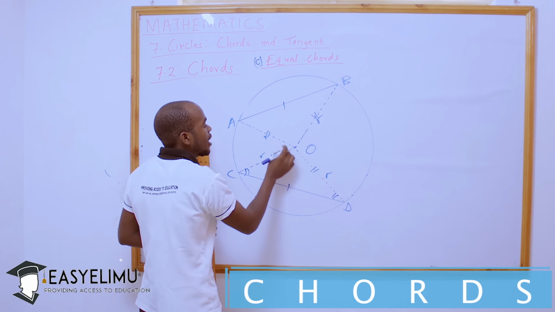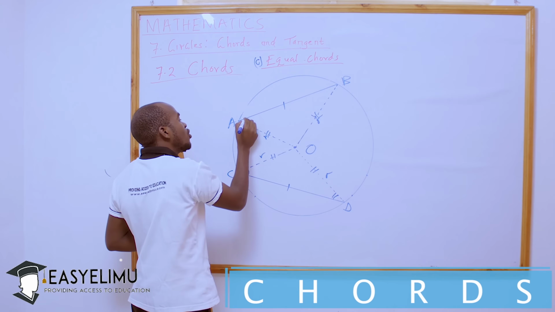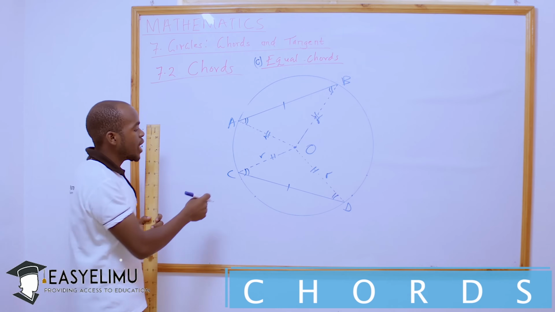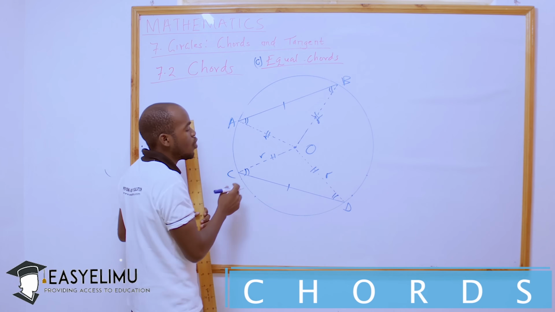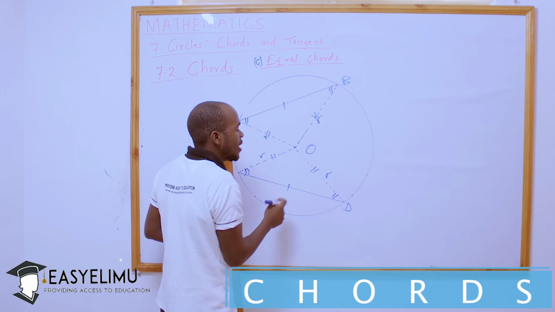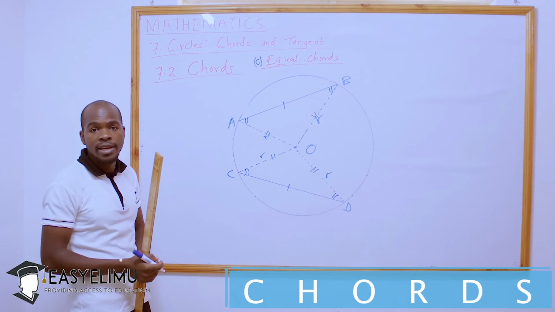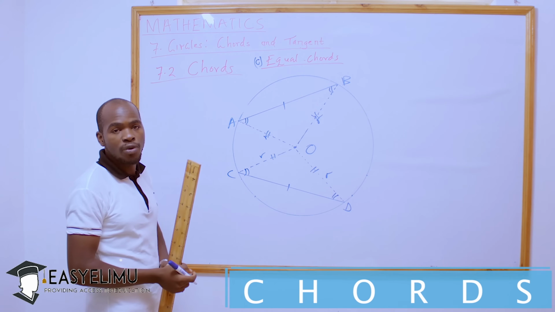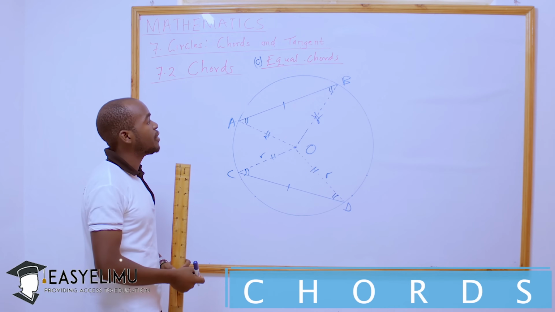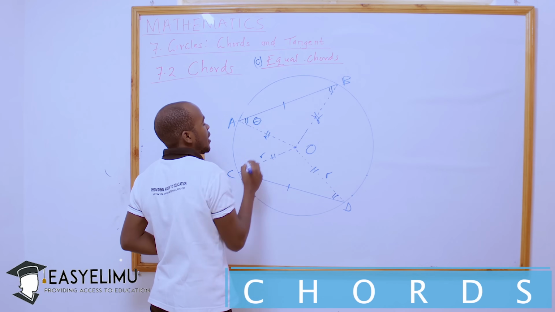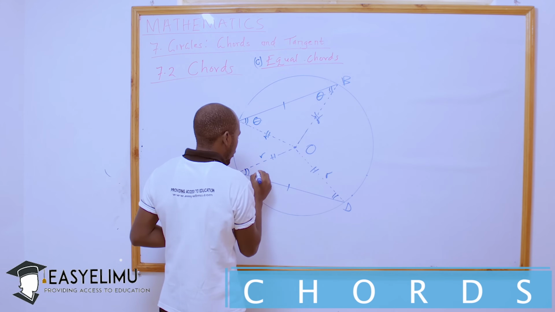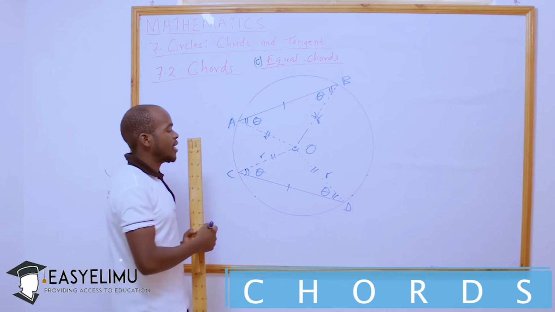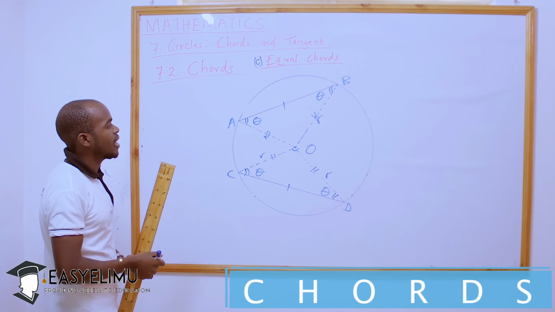Since these sides are equal to the other sides, this angle here will be equal to the other angles, because we have the base angles equal at this point, since this is the radius. The side CD is the radius, and that makes OCD a triangle which is isosceles, the same as the other one. Meaning that if this angle is theta, then throughout we shall have angle theta as that.